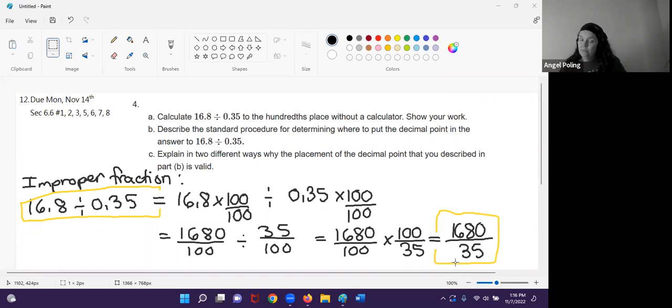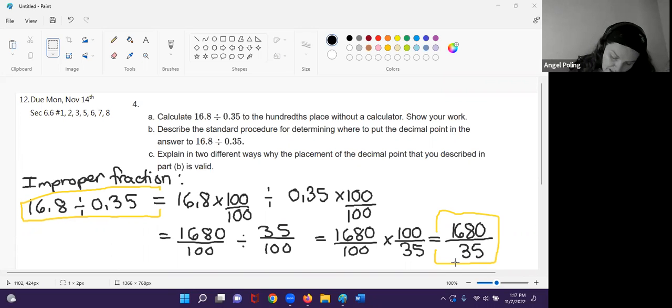We showed it using an improper fraction. So that justifies why we don't move the decimal point back, because the two expressions we wrote down are the same value. They have the same value.